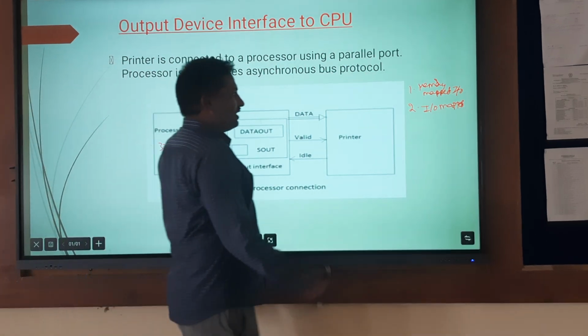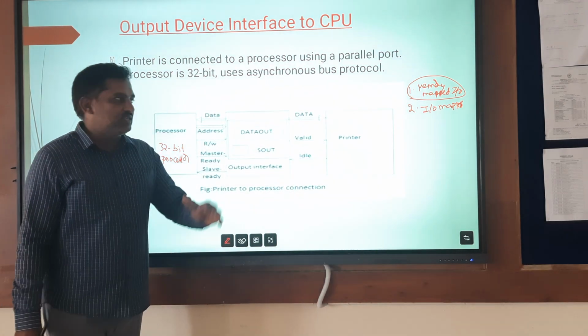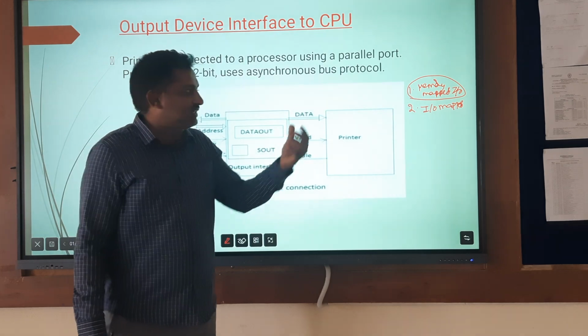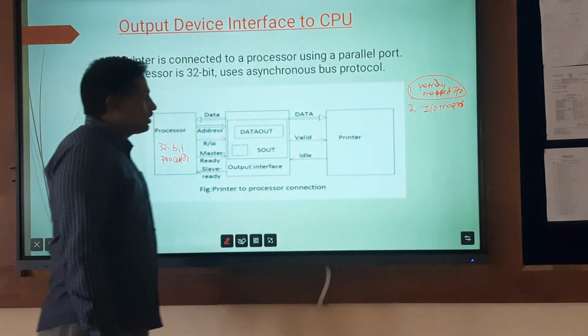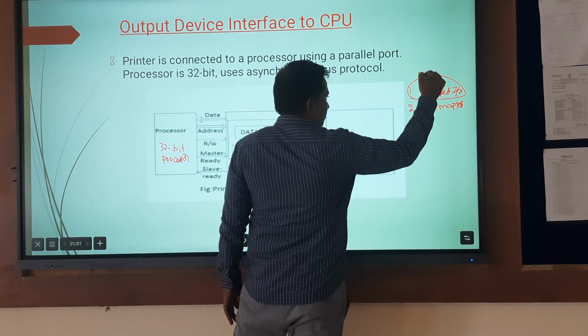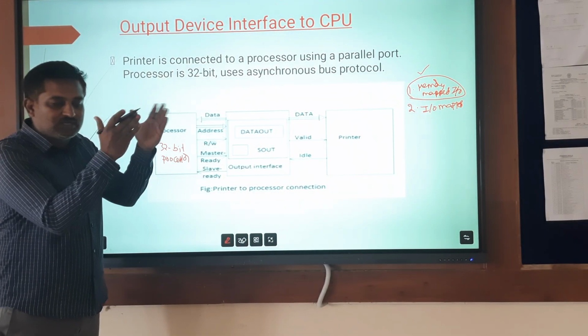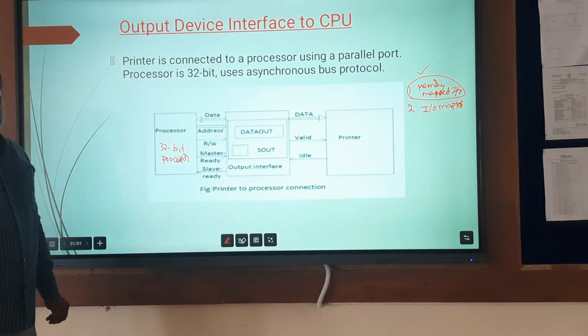Here I am considering the memory mapped input output. I told you the instructions for how to access the data when considering memory mapped input output. Similarly, I told you the instructions used for accessing data when it is placed in the input output mapped memory. But here we are considering the memory mapped input output address scheme for assigning the address to the input output device. Here we are considering the output device.